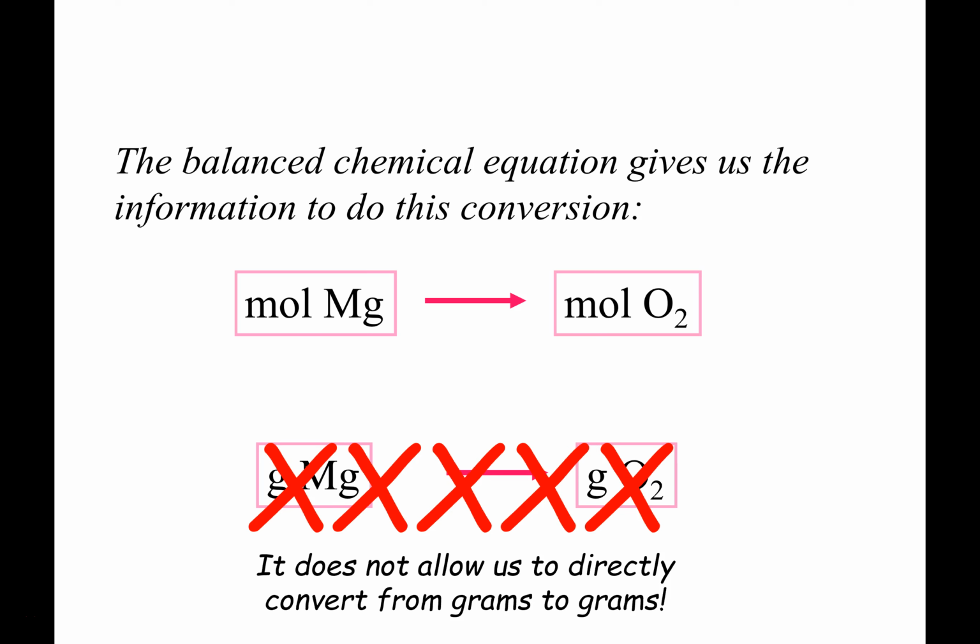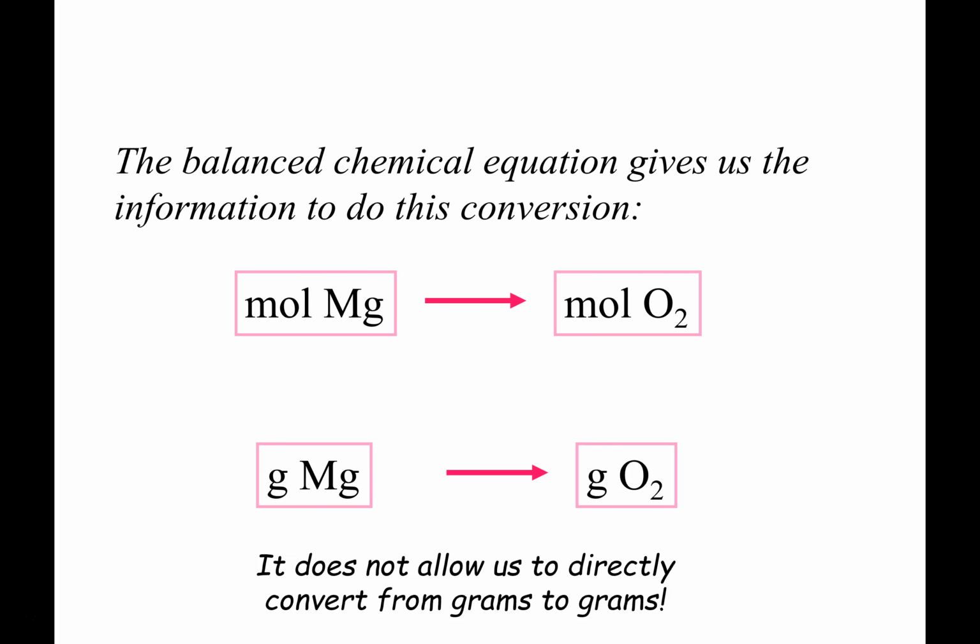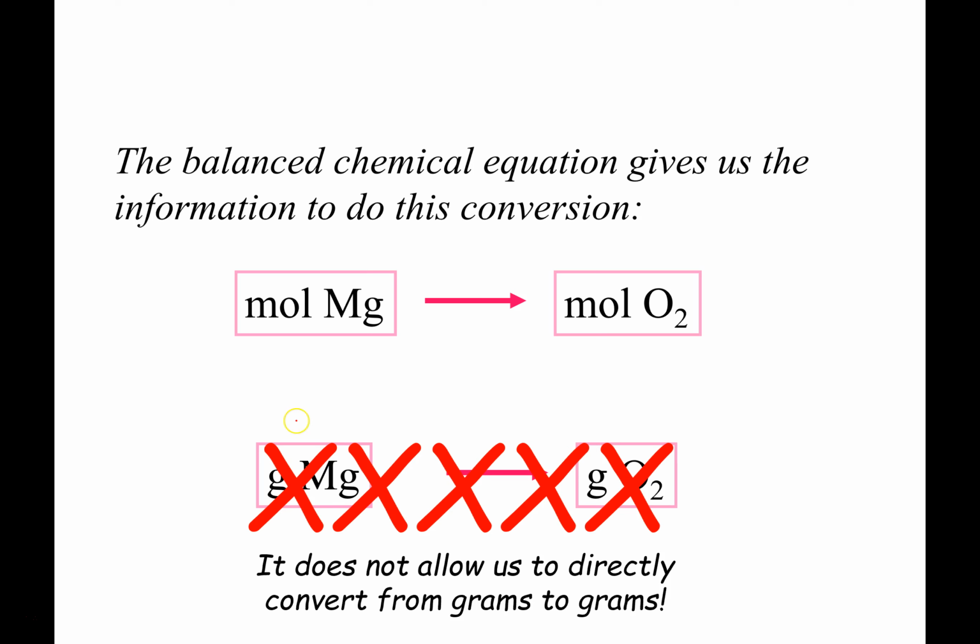You're going to see a very common pattern now. We know we can get from grams to moles using the molar mass. So if I were to rewrite this, I can go from grams of magnesium to moles of magnesium using its molar mass. MM stands for molar mass of magnesium.